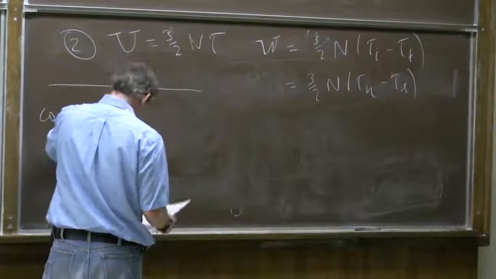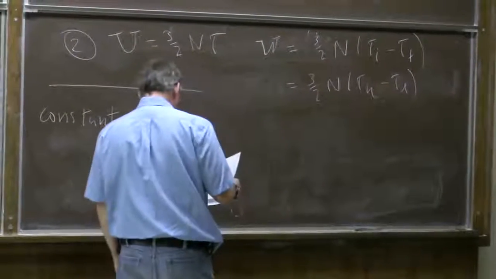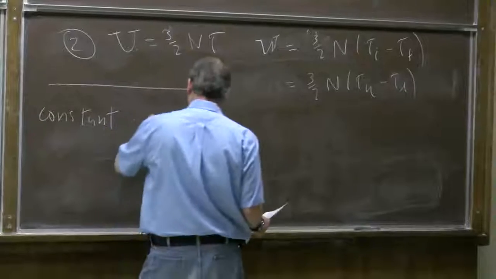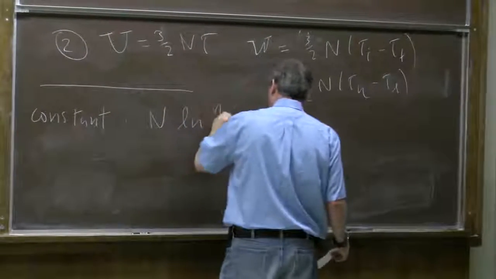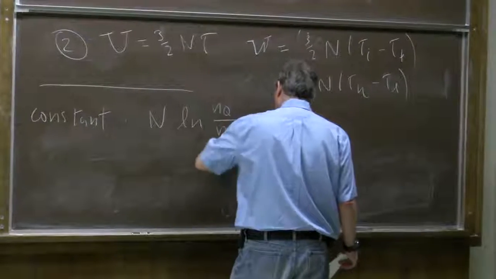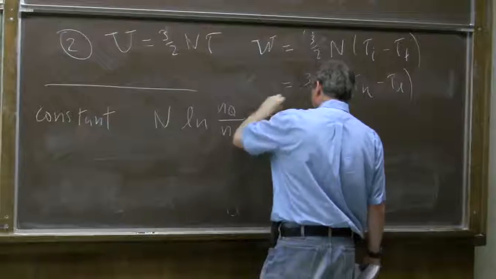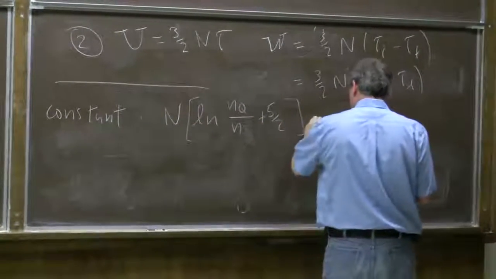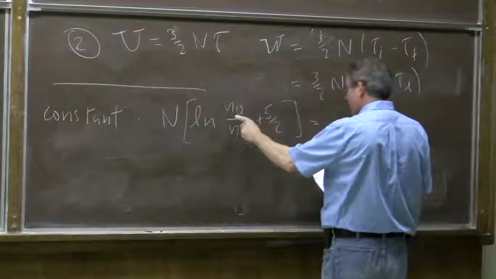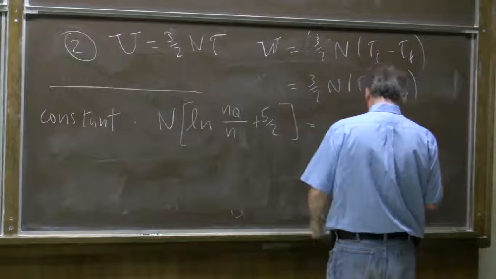For our ideal gas, I'm assuming it's monatomic, by the way, it's n times the log of quantum concentration divided by concentration plus 5/2. The temperature is changing, the volume is changing, n is not changing.